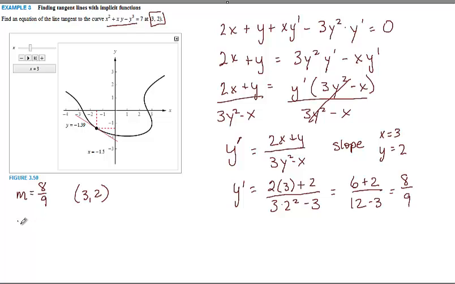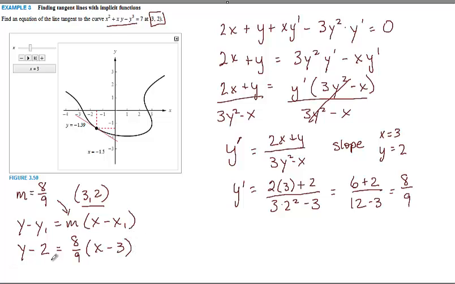So the equation for a line is y minus y1 is m times x minus x1. There's your point. There's your slope. Here's your point. Plug it in. Y minus 2 equals 8 over 9 times x minus 3. And then I'm going to manipulate this a little bit.